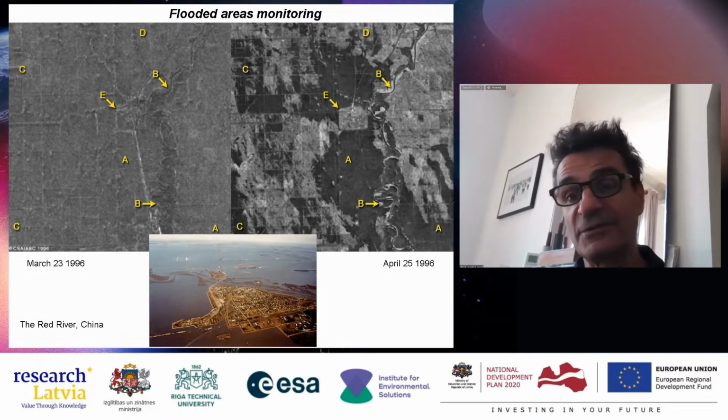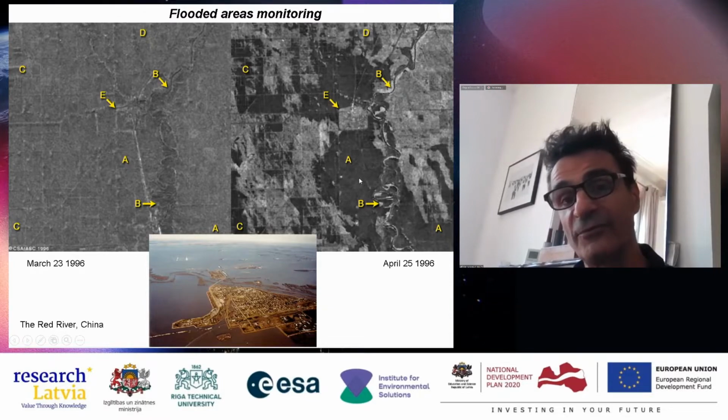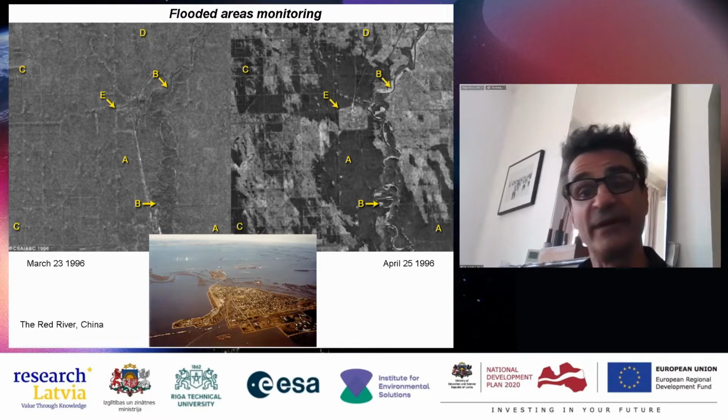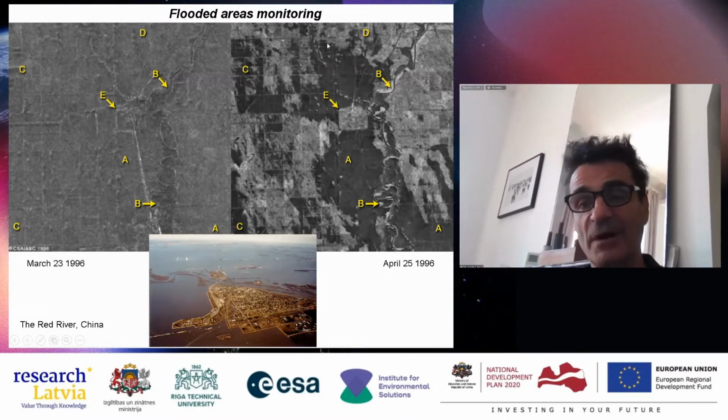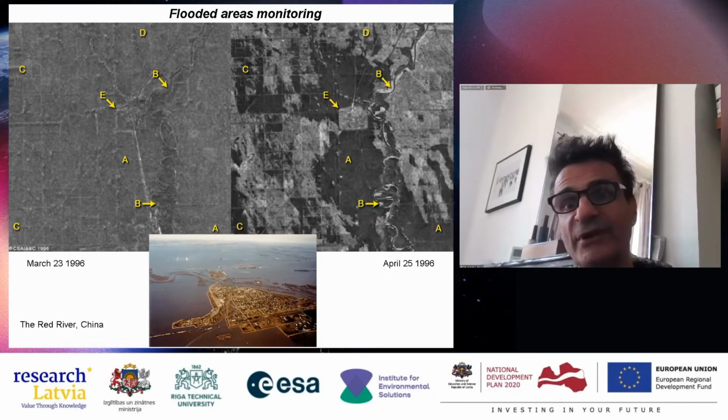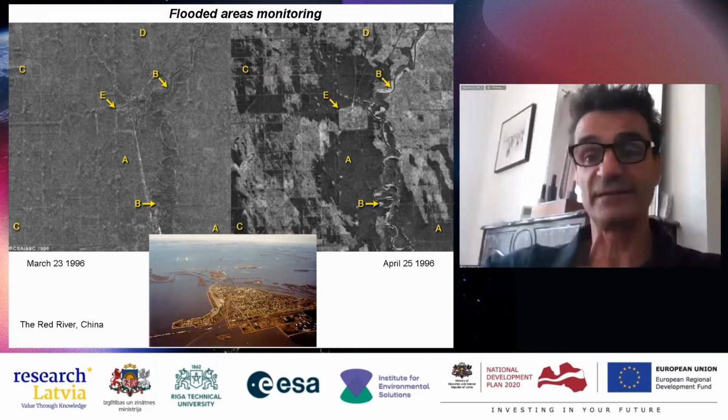But for this, you need flood water totally calm to be really dark. If you have wind and the flood water is rough, you won't be able to see it. But if you are interested in it, look at what happens with the radar. You can extract it easily.